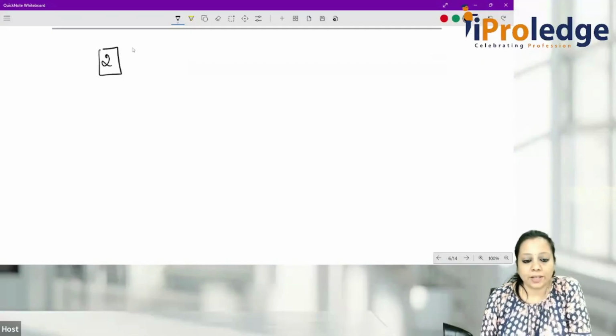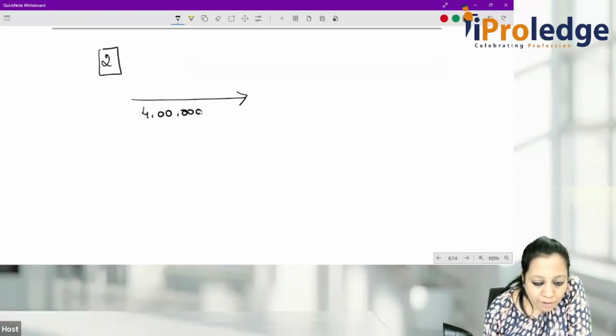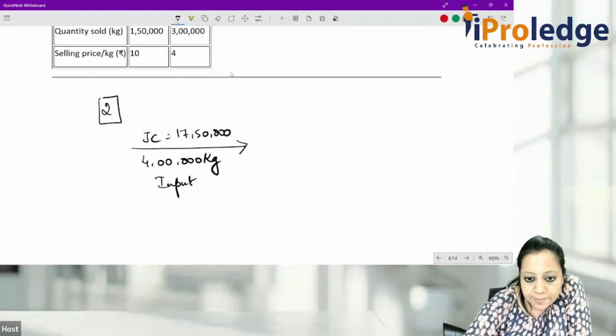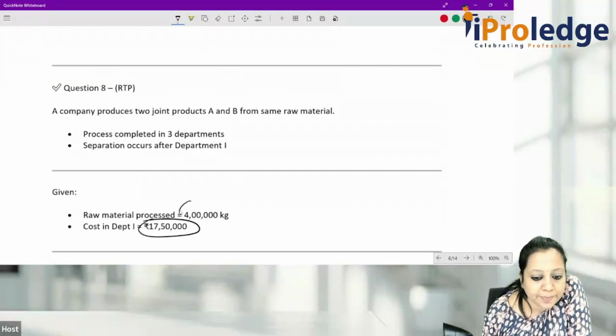Second question for joint cost problem. So it is going to be 4 lakh kgs of input. Joint cost is going to be 17 lakh 50,000 from here.